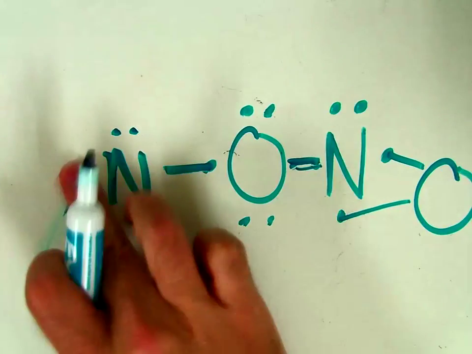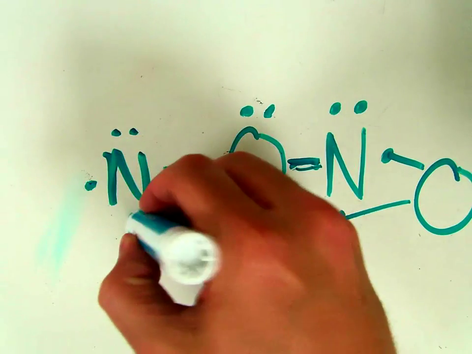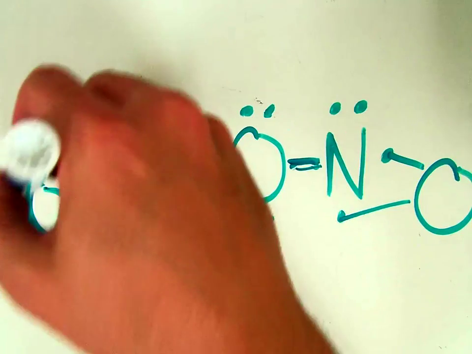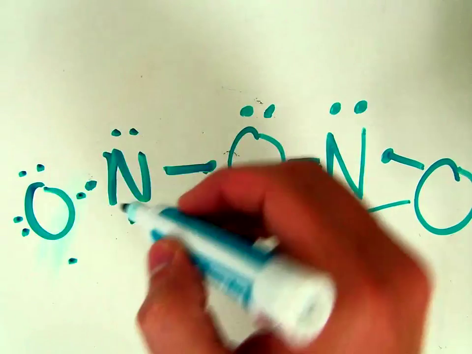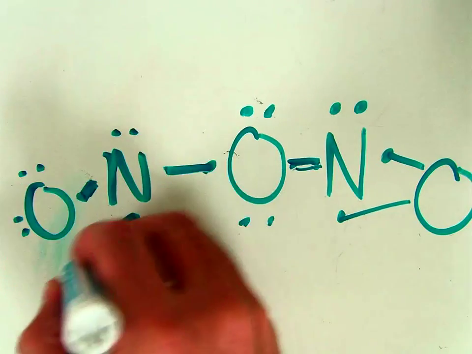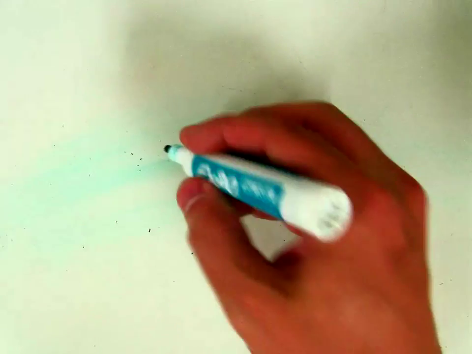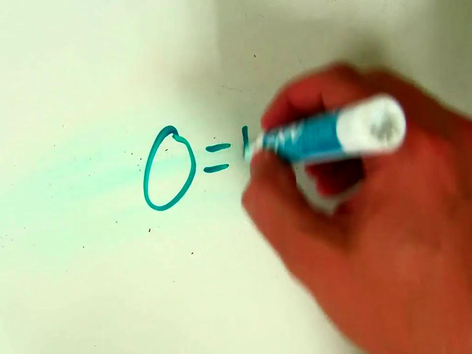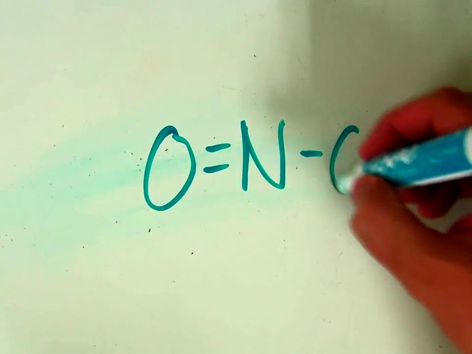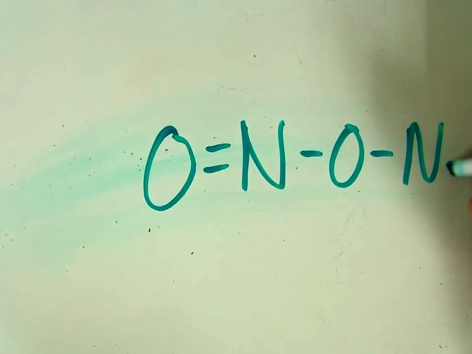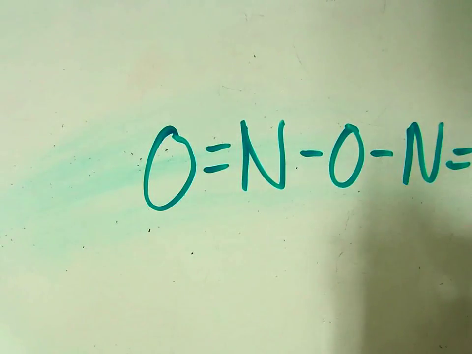And then way off in the distance here, I'm going to have one more double bond. So writing that more succinctly, it would look like O double bond N, single bond O, single bond N, double bond O.